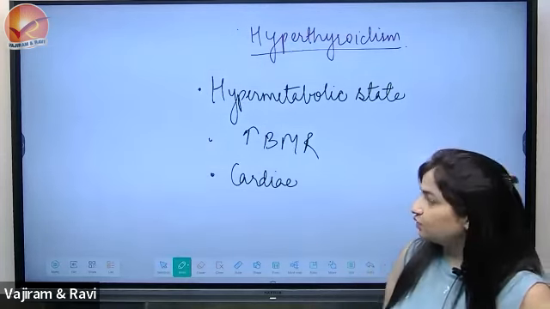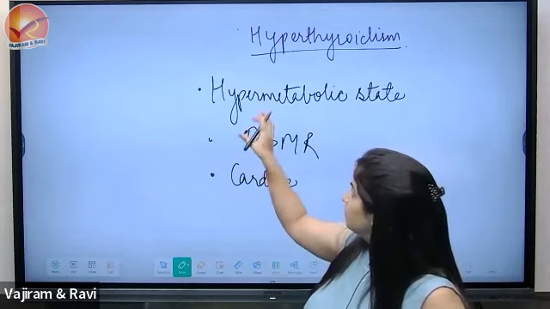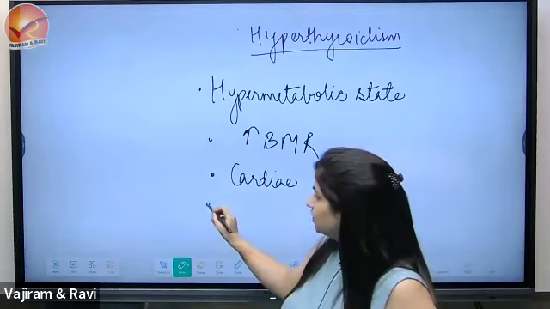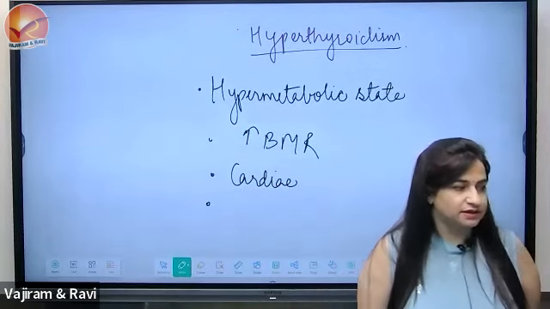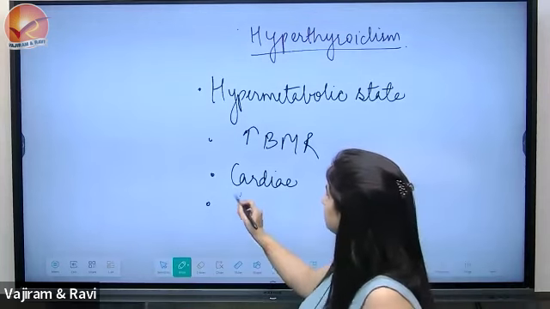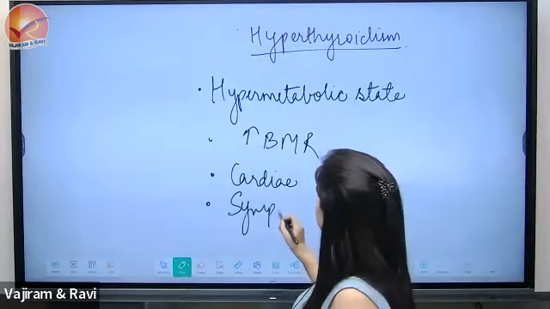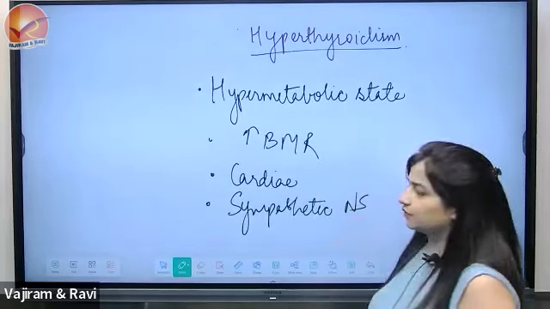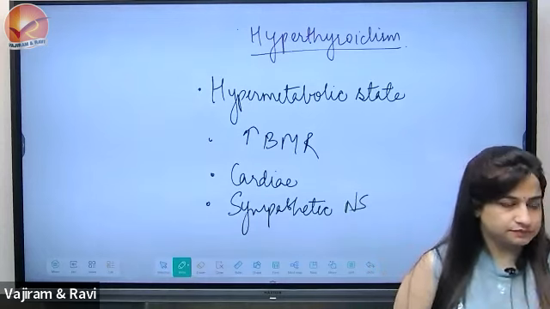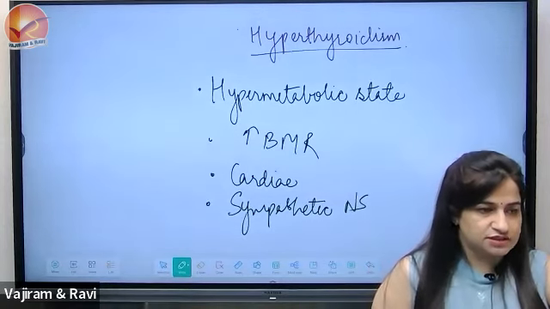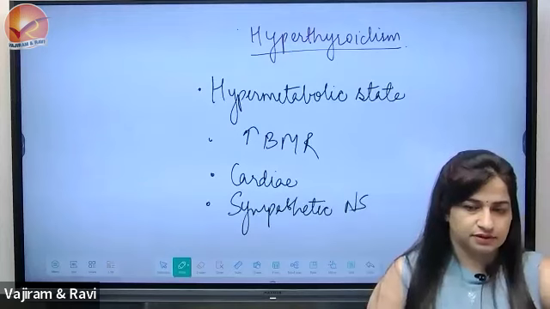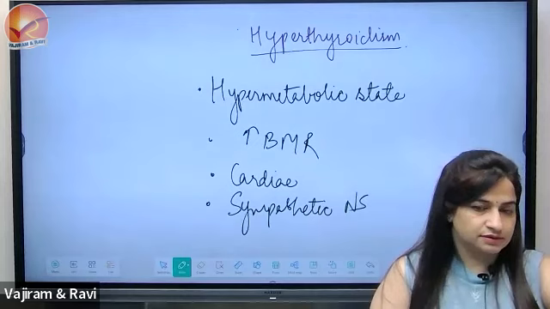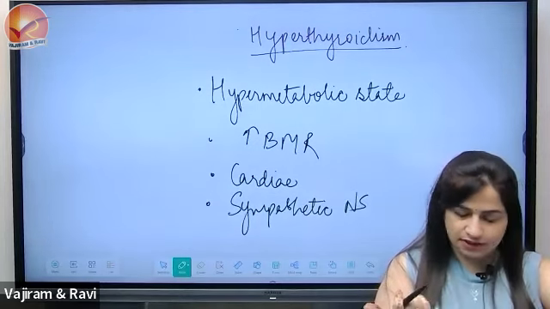Now next, we'll discuss the overactivity. These that we have discussed, three were about the hypermetabolic state. Next one we'll discuss about the overactivity of sympathetic nervous system. This leads to tremors, anxiety, insomnia.